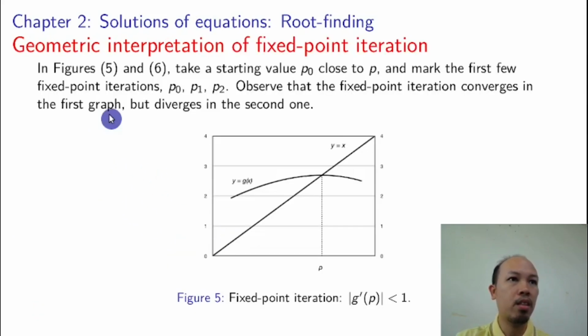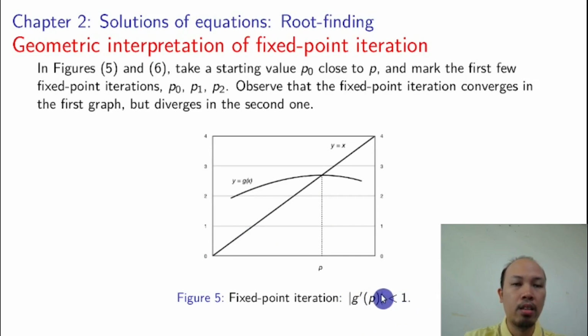It says here, the geometric interpretation of fixed point iteration. In figure 5 and figure 6, if we take a starting value p_0 closer to p and mark the first few fixed point iterations p_0, p_1, p_2, we observe that the fixed point iteration converges in the first graph if the absolute value of the derivative is less than 1.